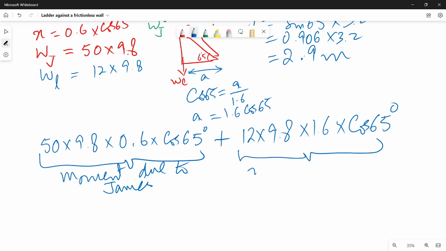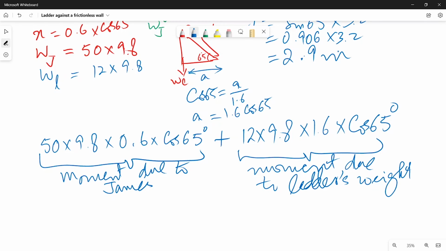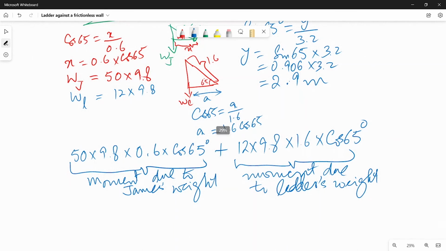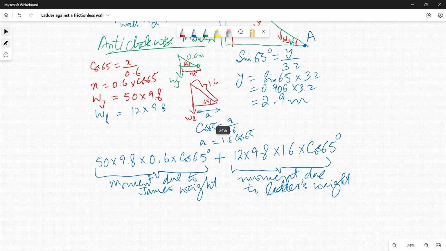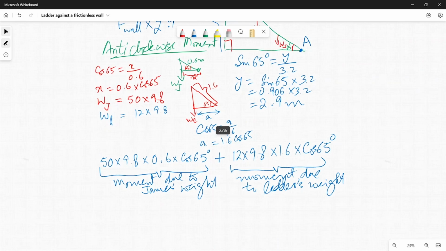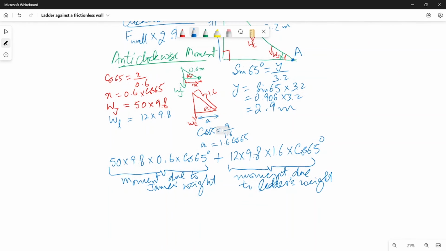This is the anti-clockwise moment due to the ladder's weight and due to James' weight. And because the ladder is static, it's not moving, the anti-clockwise moment and the clockwise moment should be equal.